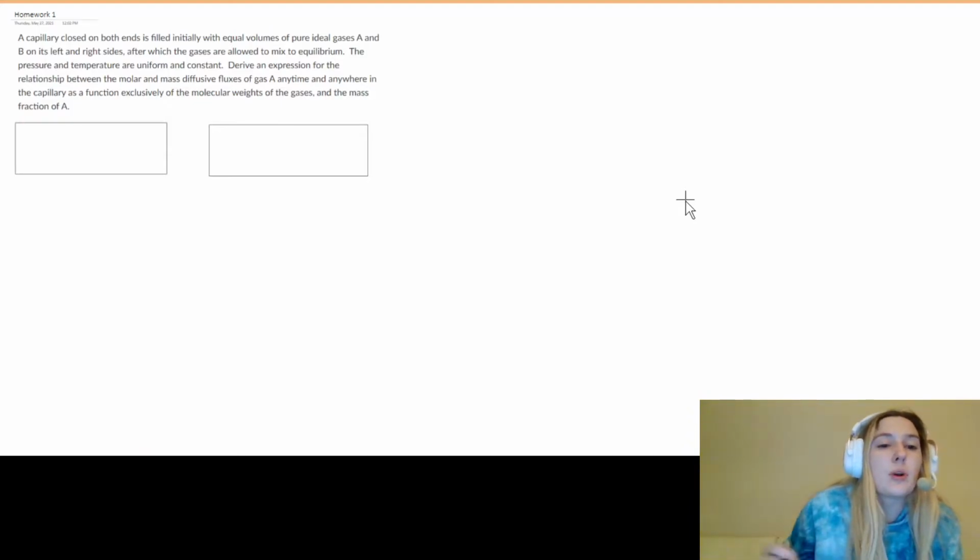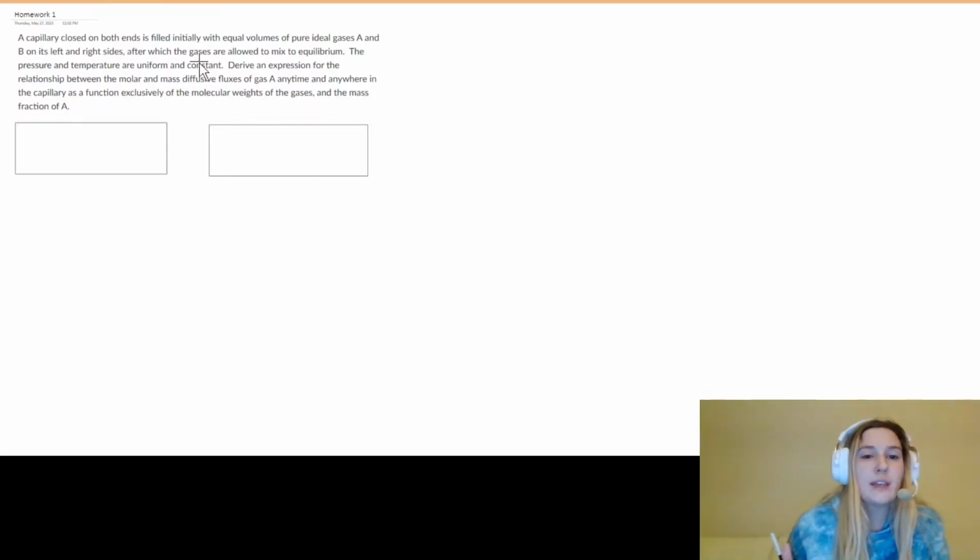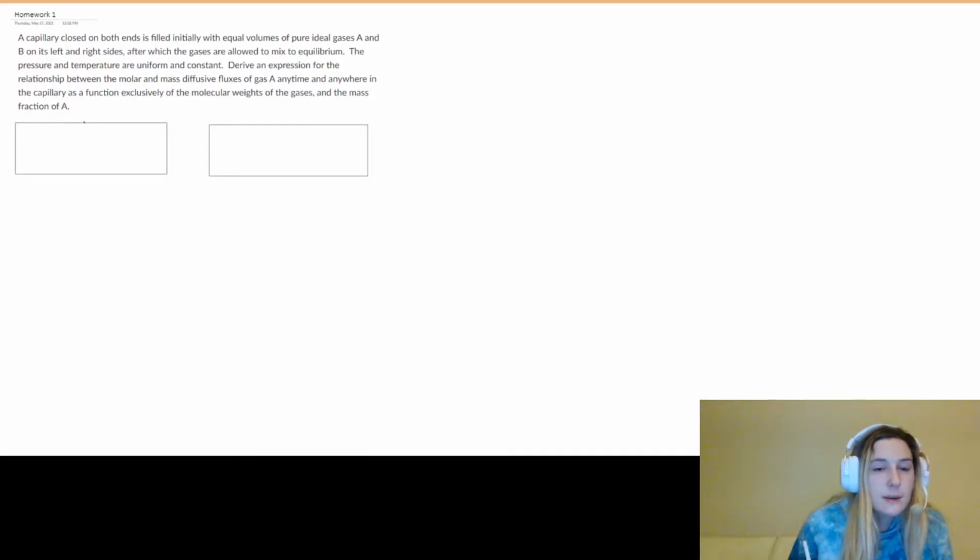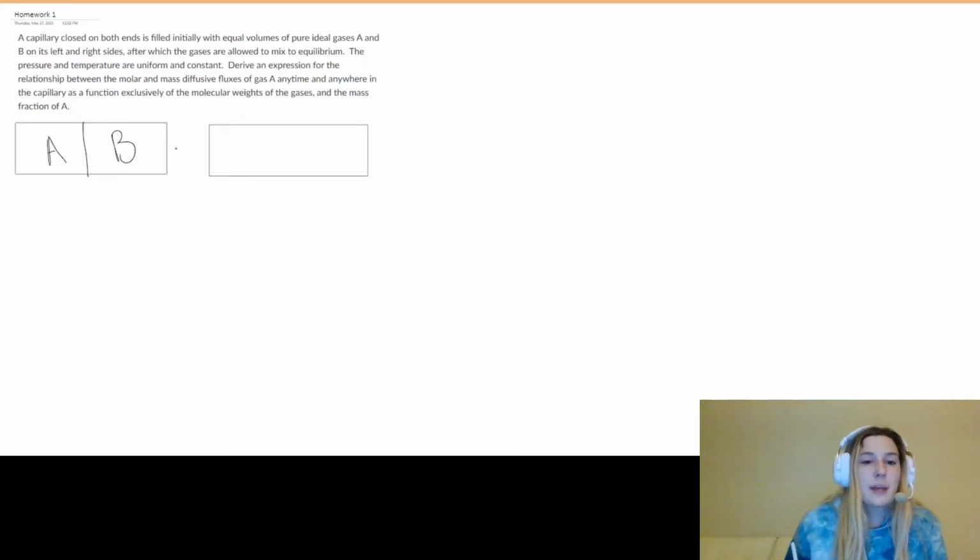So the question involves a capillary that is filled with equal volumes of ideal gases A and B on its left and right sides. So let's draw that. So gas A and B. Then it is allowed to mix to equilibrium, and the pressures and temperatures are uniform and constant.